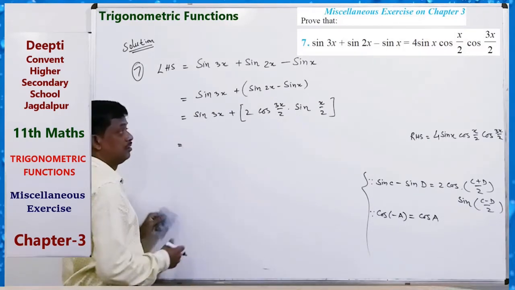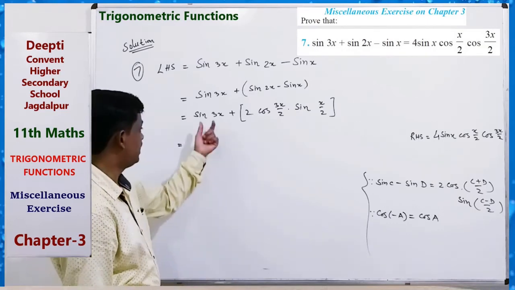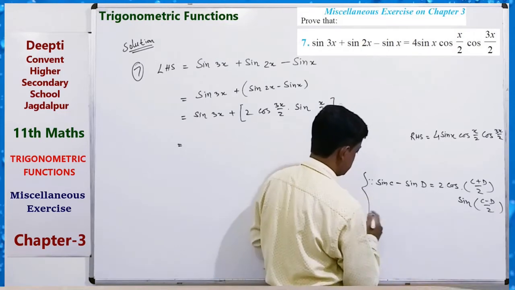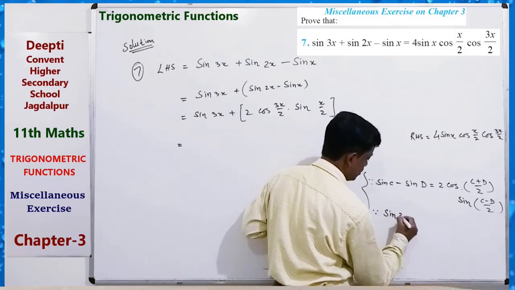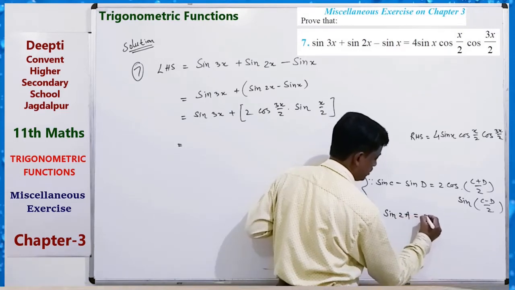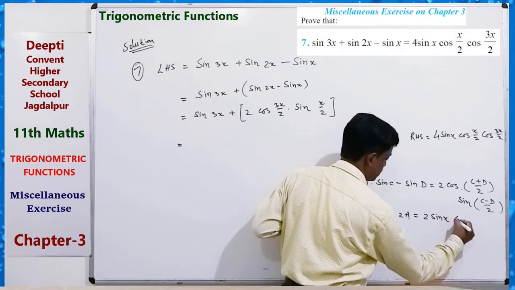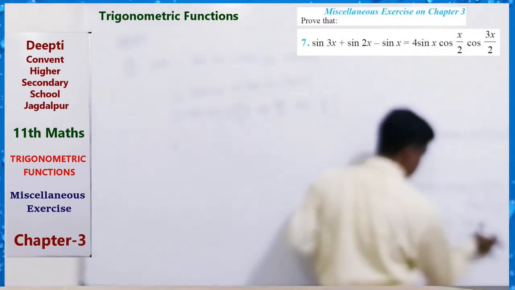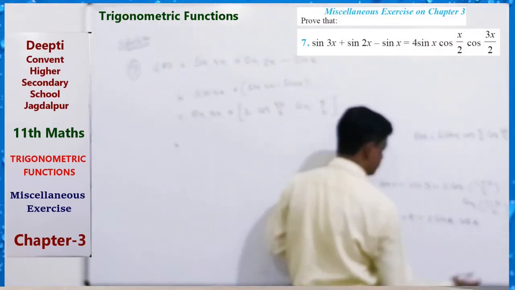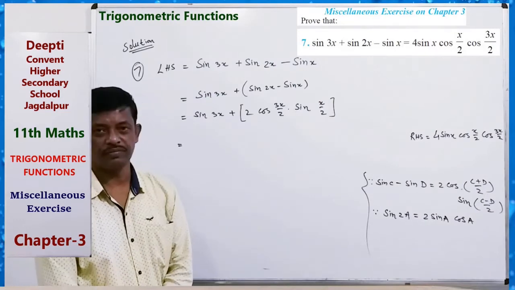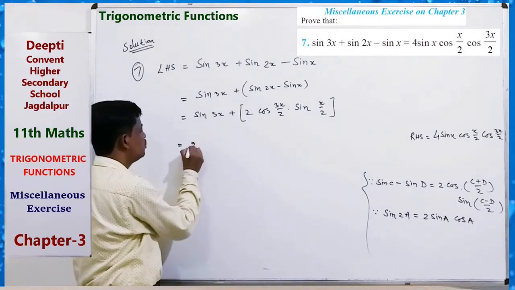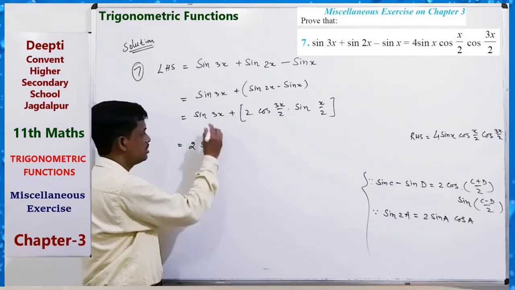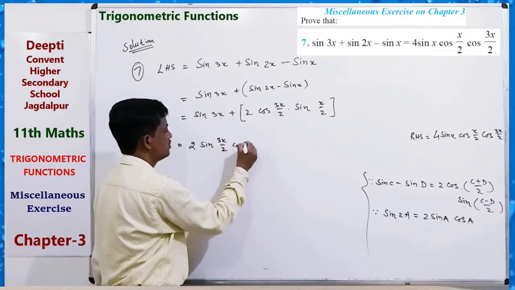Now, for getting the value, here sin 3x. We also know the sin 2 theta formula, that is sin 2a equals 2 sin a cos a. Here a means half, so 3x by 2, 2 sin 3x by 2 and cos 3x by 2.